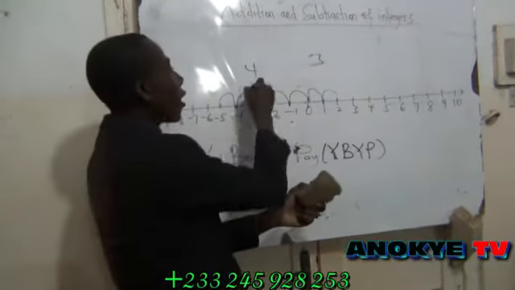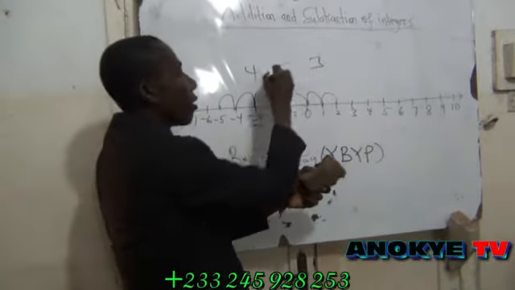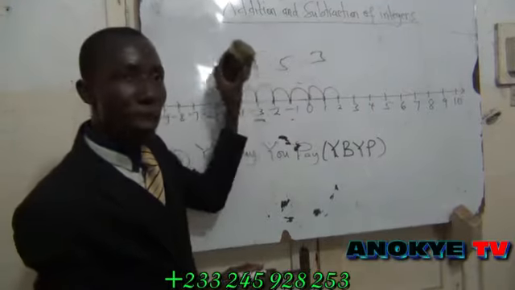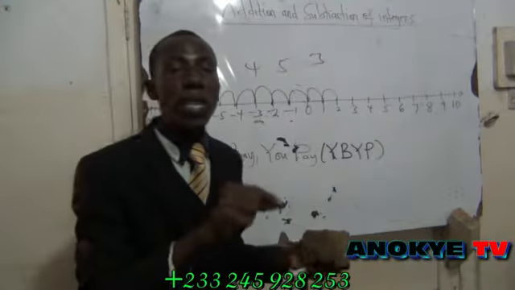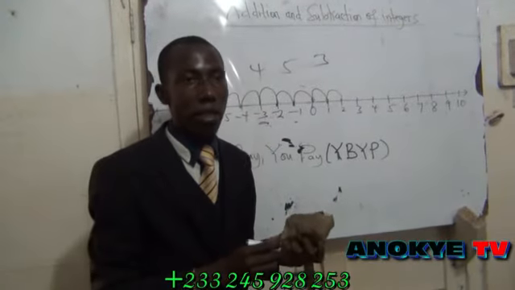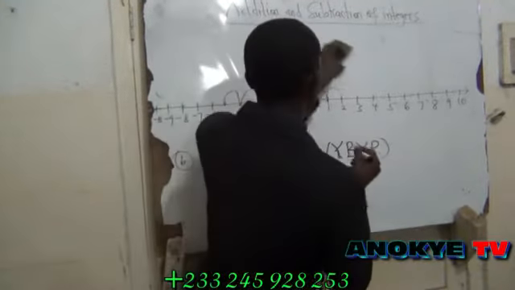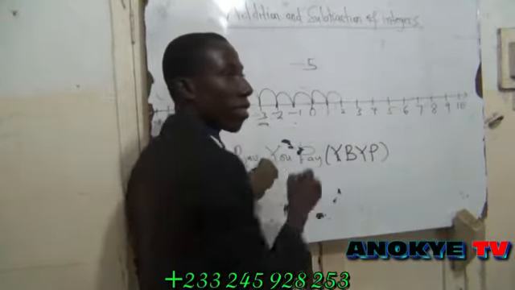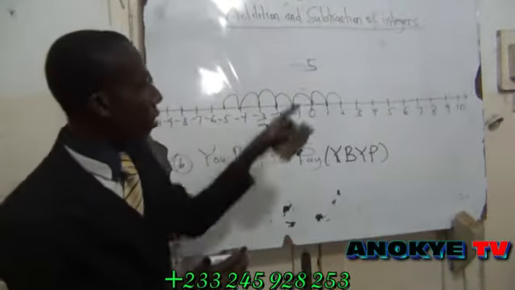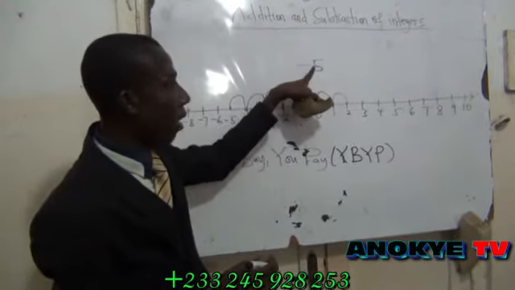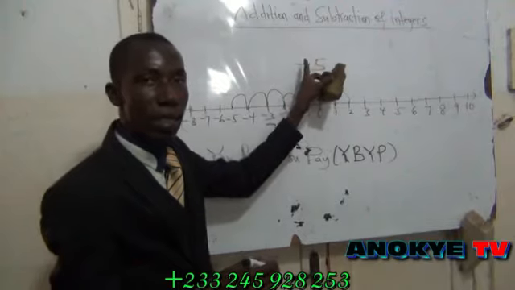So 4, this is positive 4, this is positive 5. And if you want a negative number, then there should be that negative sign in front of that number. For example, I want to write negative 5, so I have this. The sign in front of 5 is negative, and this tells you that this is negative 5.